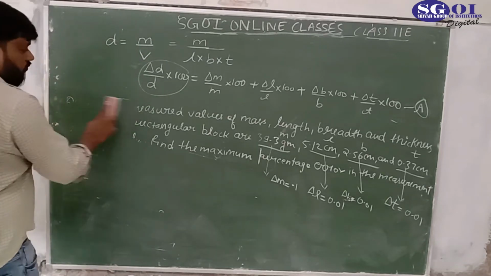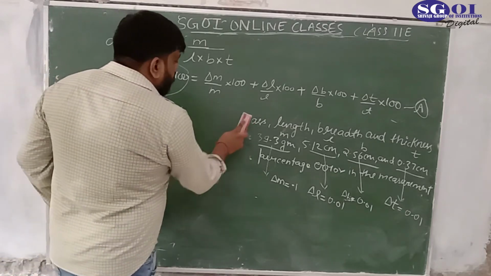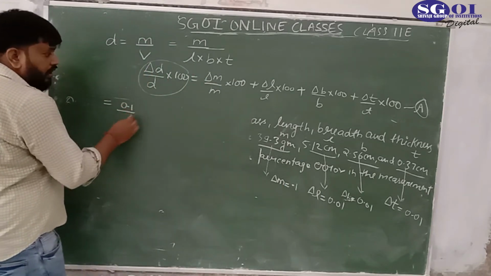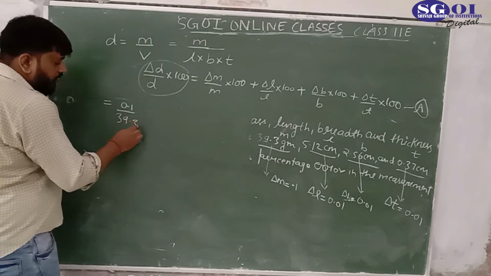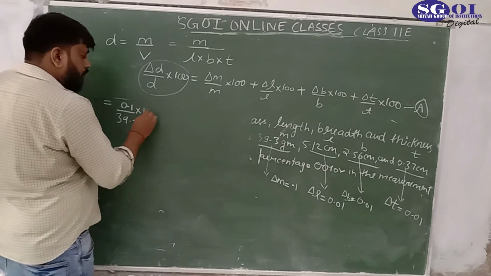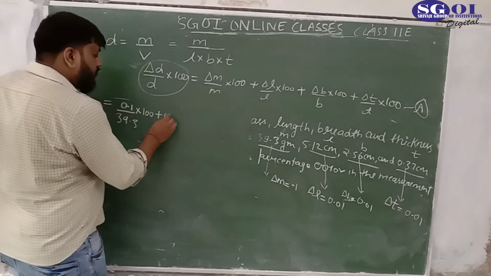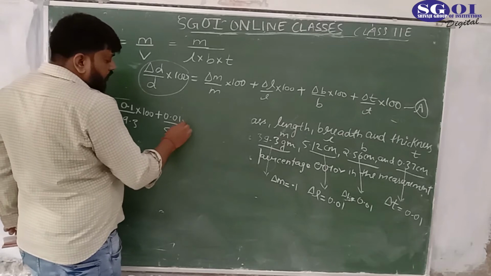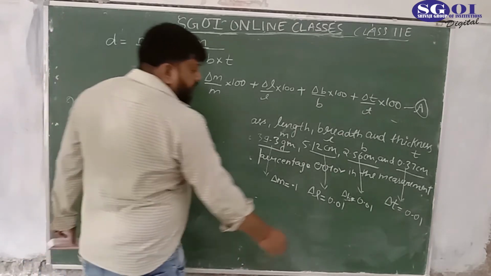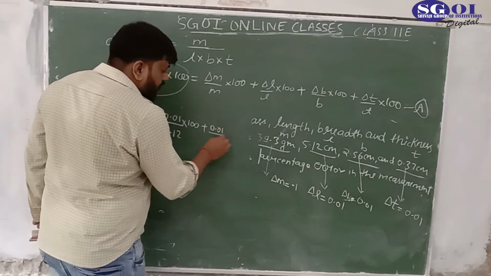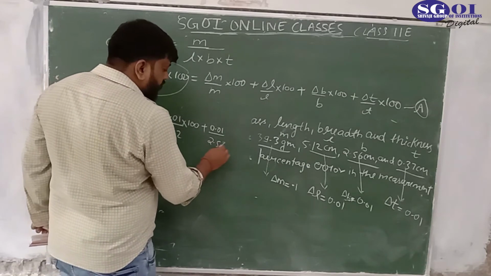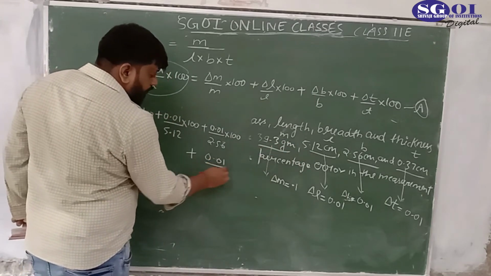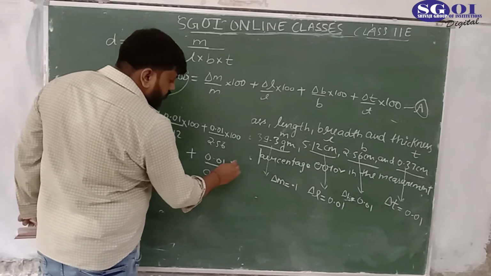Delta m is 0.1, so 0.1 upon 39.3 into 100, plus delta l 0.01 upon l, which is 5.12, into 100, plus delta b 0.01 upon 2.56 into 100, plus delta t 0.01 upon 0.37 into 100.